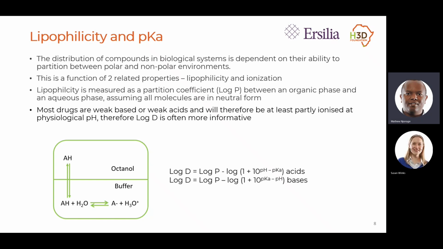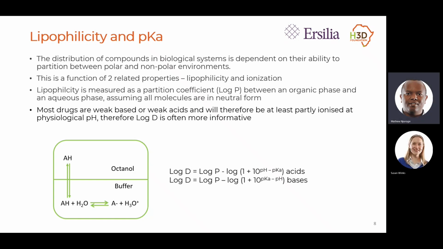So, as an example, if we have a drug that we add into buffer and it ionizes, only or mostly the non-ionized drug is going to distribute in the octanol, and anything that ionizes is going to remain within the buffer layer.